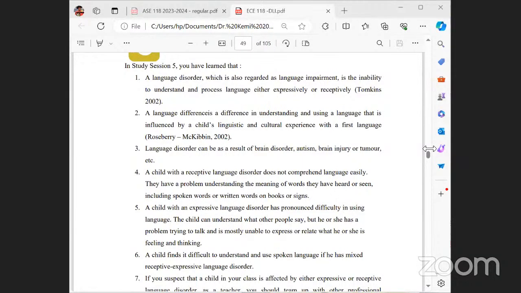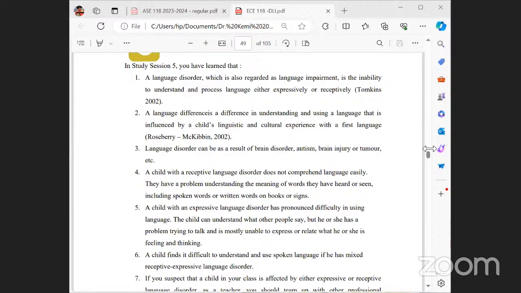So you want to pay attention. Sometimes it is not so obvious, but when you pay attention as a caregiver, as an educator, you will be able to figure it out.